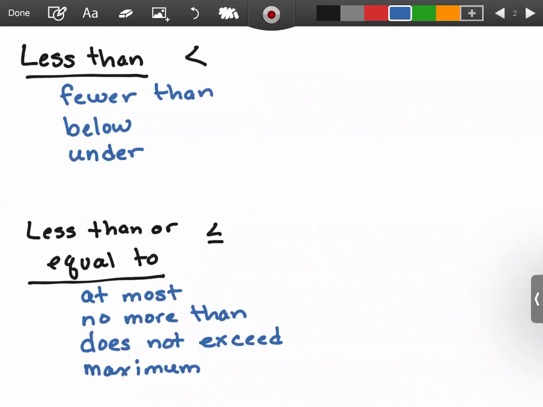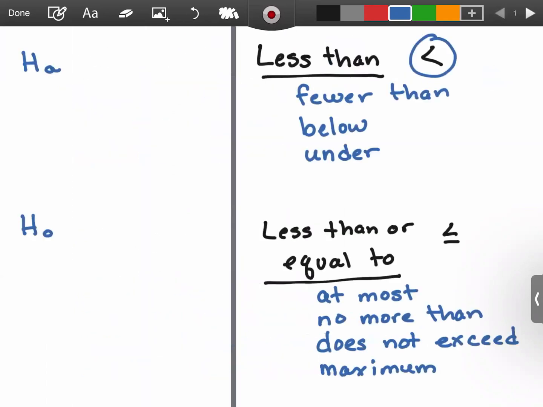All right, if we have a less than symbol, meaning that we have some keywords in problems such as less than, fewer than, below, under, something like that, we're going to use the less than symbol. And that's going to go under HA because it's a strict inequality.